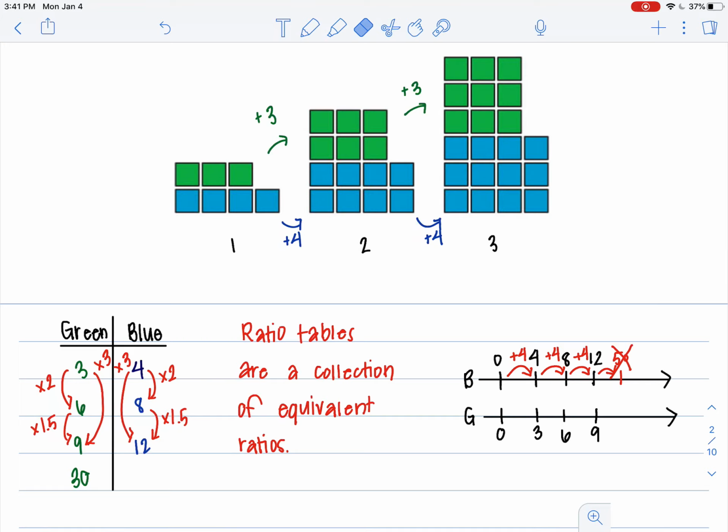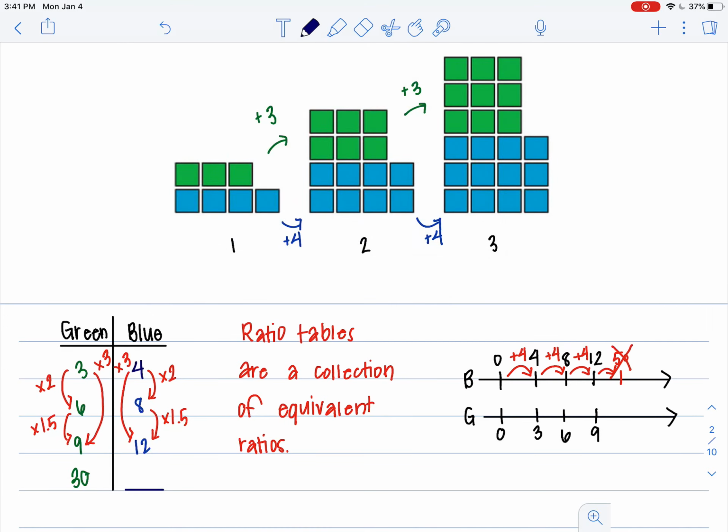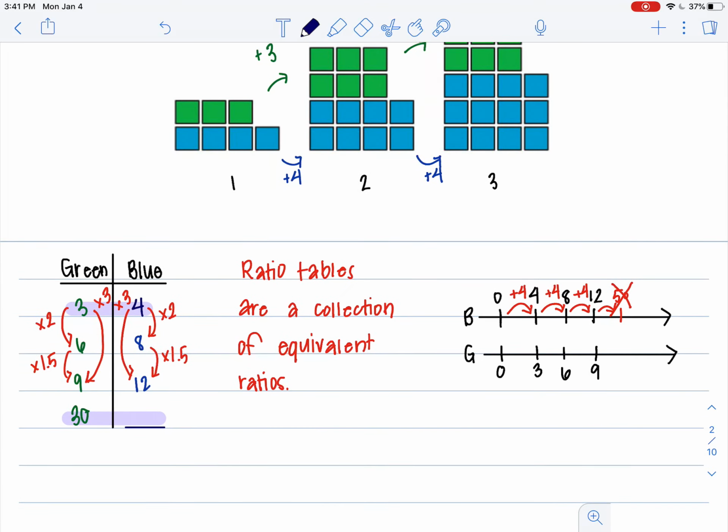However, the number 30 could still be a valid entry as long as whatever I put here creates an equivalent ratio. So let's say I want to use the ratio 3 to 4 as my known to figure out what goes in the blank. Well, I know that 3 times 10 is 30.